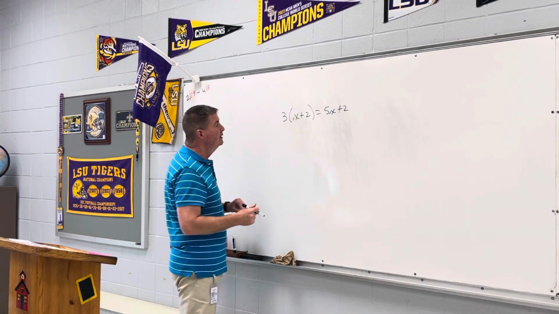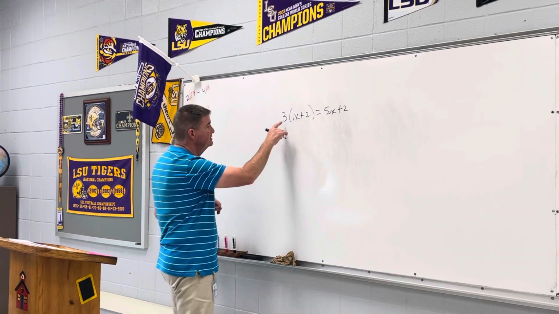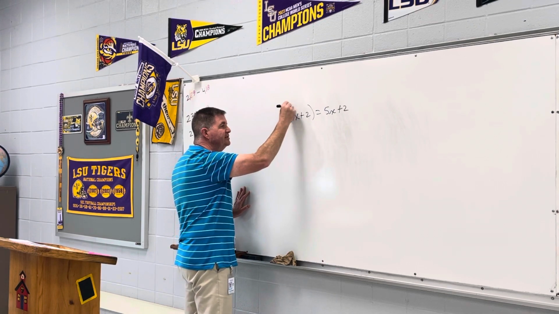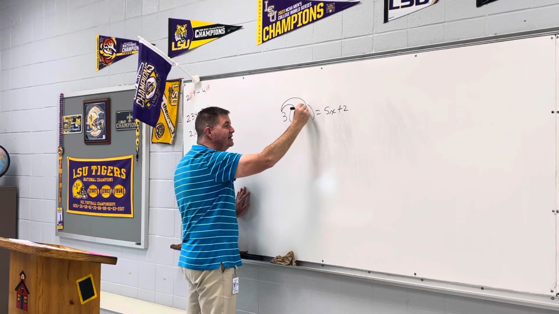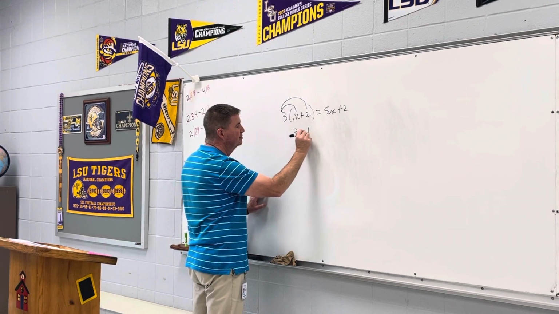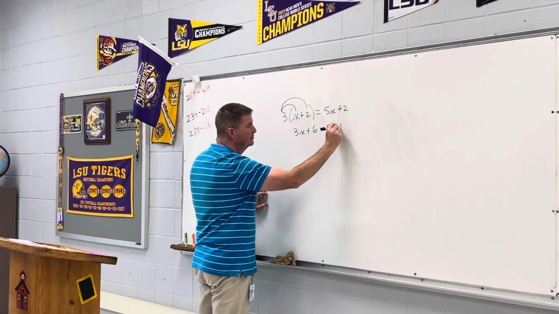We have here a distributing situation. This 3 needs to be distributed to both of these terms in the binomial, which means the 3 multiplies by the x and the 3 multiplies by the 2. This would give me 3x plus 3 times 2 is 6 equals 5x plus 2.